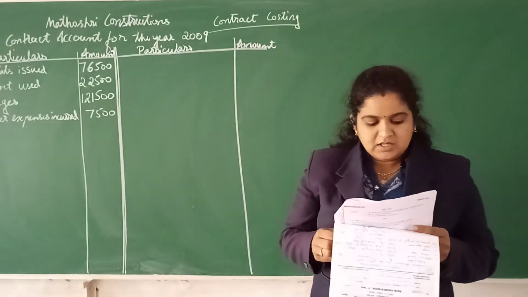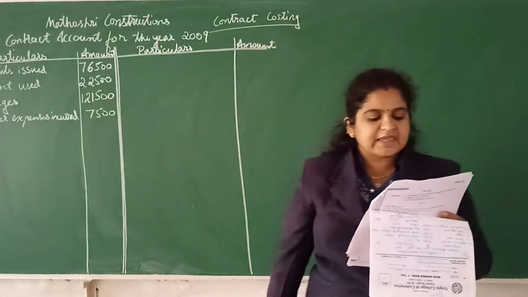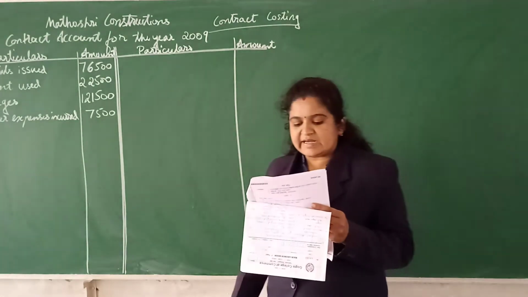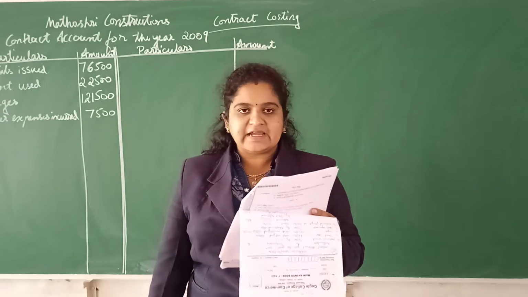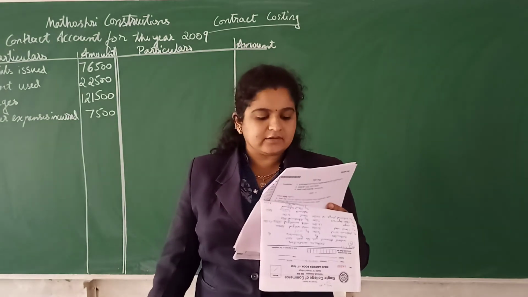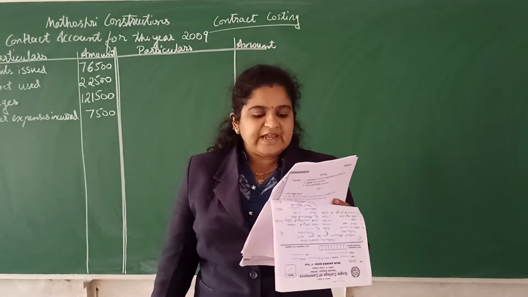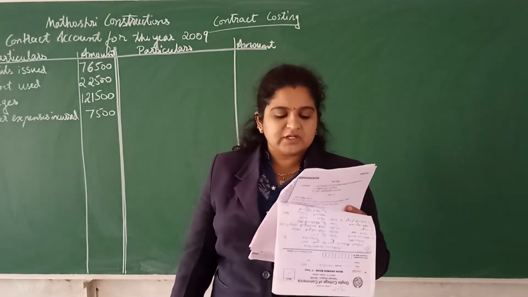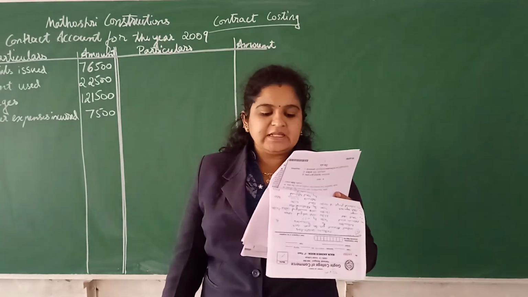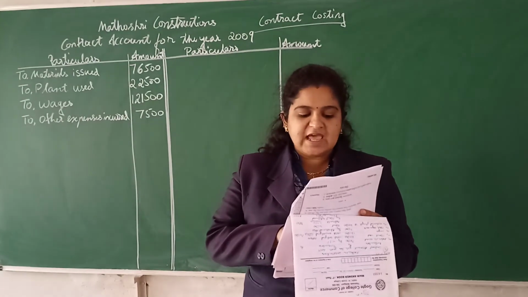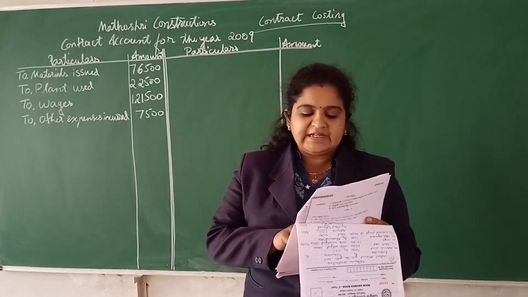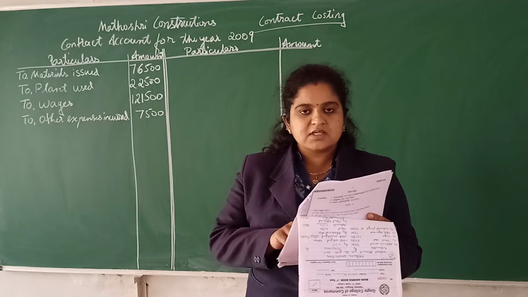The next thing they have given is cash received from the contractee amounting to rupees 1,92,000, so this will be taken later. Being 80% of the work certified, it means whatever cash they have received, out of that 80% is work certified.